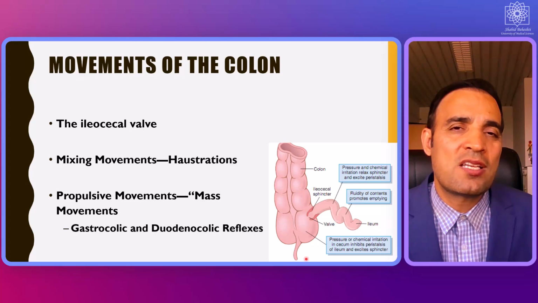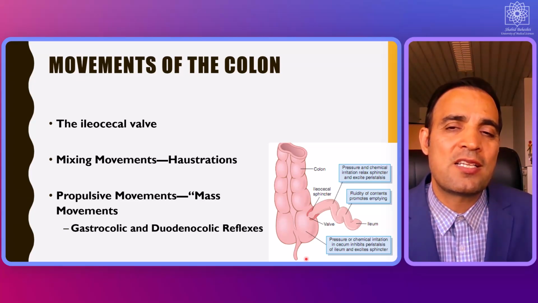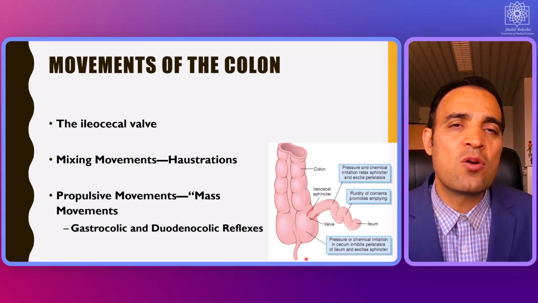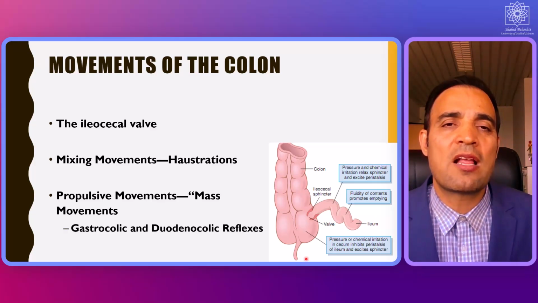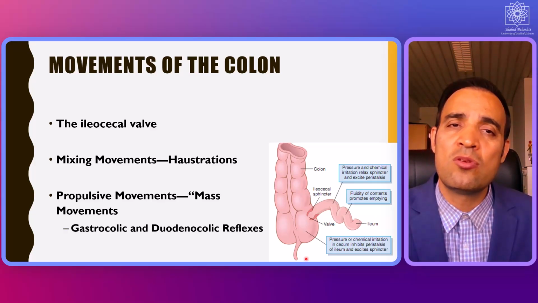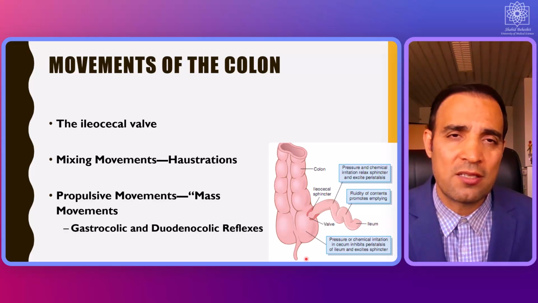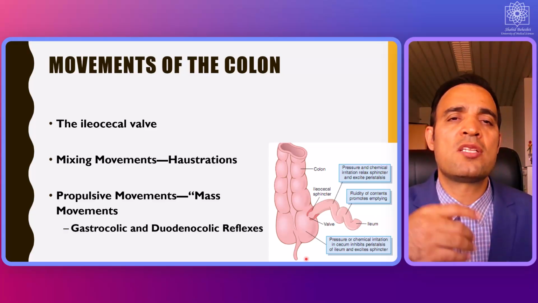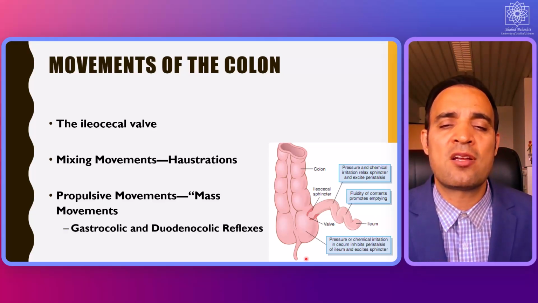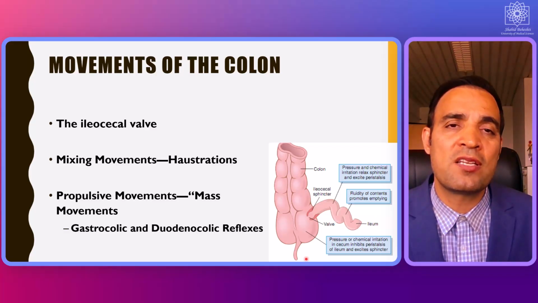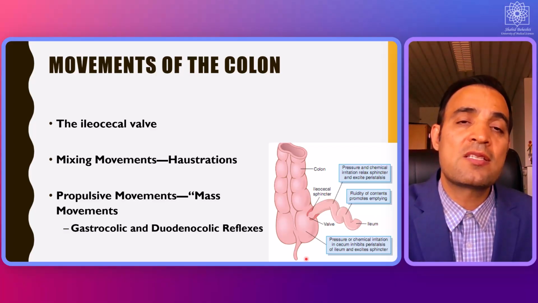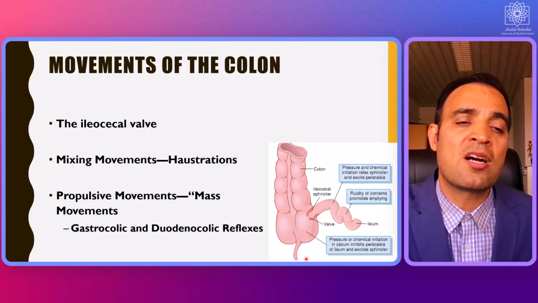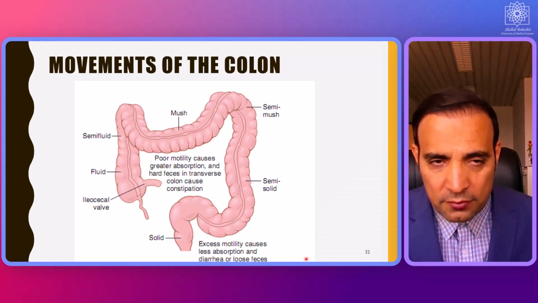If I want to say it in a simplified way, I can say that the duodenum sends a signal in advance to the colon that content is coming to you very soon. Please be ready. Therefore, the colon should increase its movement and try to empty itself and be ready for the content that is coming. The same is also true for the gastrocolic reflex.